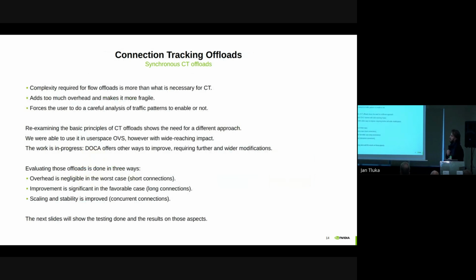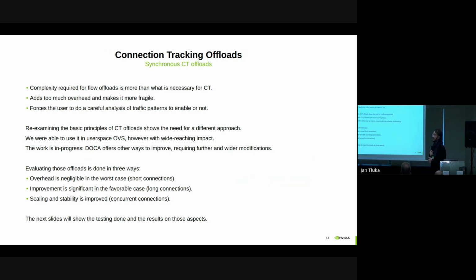So to recap, the complexity that is required for flow offloads is actually not necessary for CT. Considering the constraints and the requirements to do conntrack offload, it's actually an added overhead that is completely useless and also more fragile in terms of functionality. And also, with that overhead comes the need for any user that considers deploying that to do a careful analysis of the distribution of sizes in their conntrack.